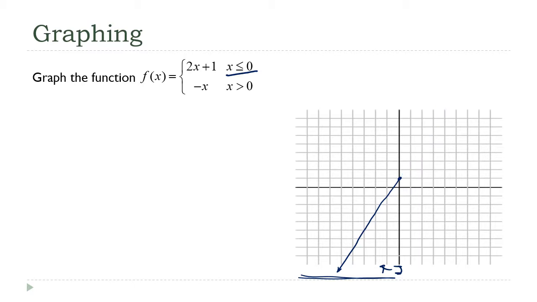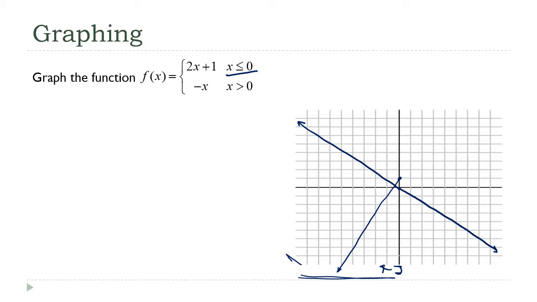Right, now I'm going to do the second part, right? -x, that has a y-intercept of 0 and a slope of -1. So it's going to look like this, more or less, and it's going to go up this way. Right, now I've got the same thing going on here, right?